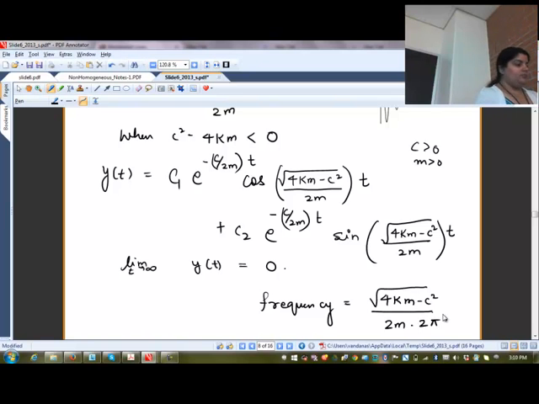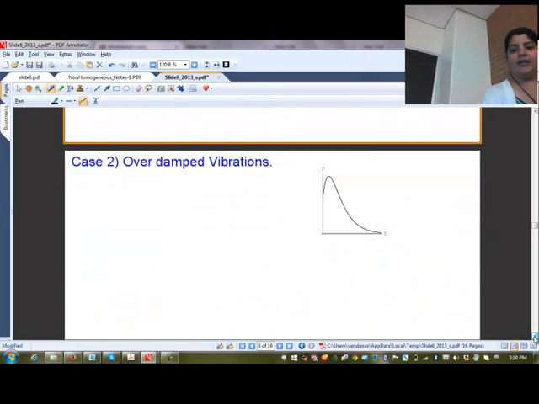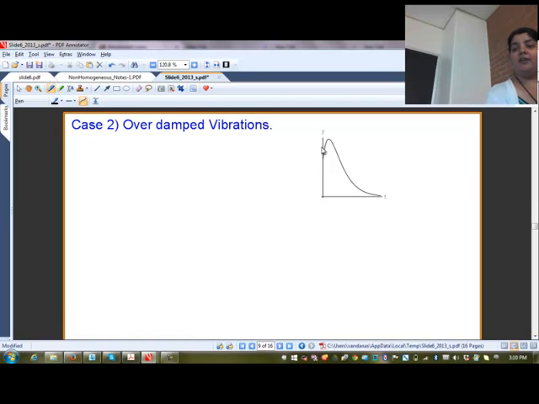Now we are in the case when it will try to take a little jump, a little increase, and then decrease very rapidly. This is the overdamped case, which comes when you have the discriminant positive.